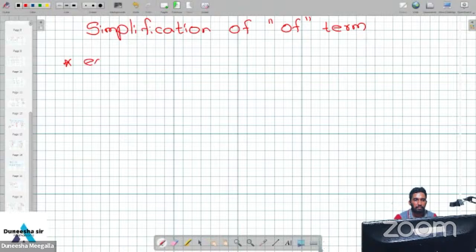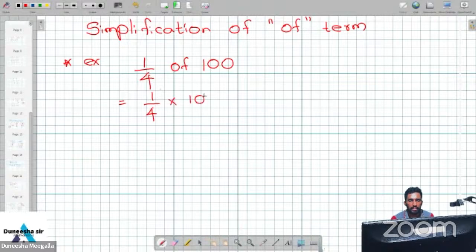The first example is 1/4 of 100. How do we do this simplification? 1/4 has to be multiplied by 100. Okay. What is the answer?